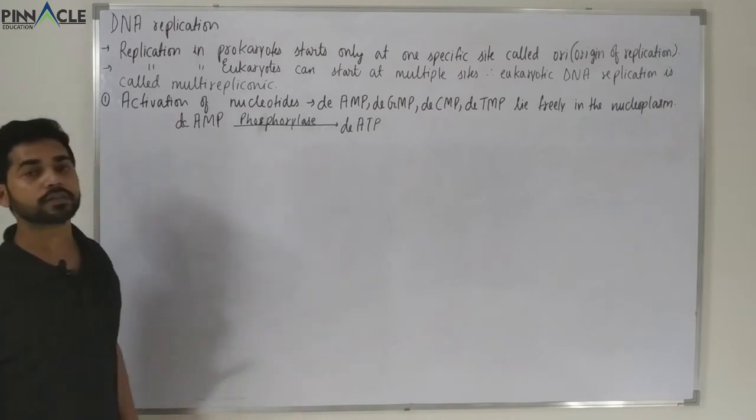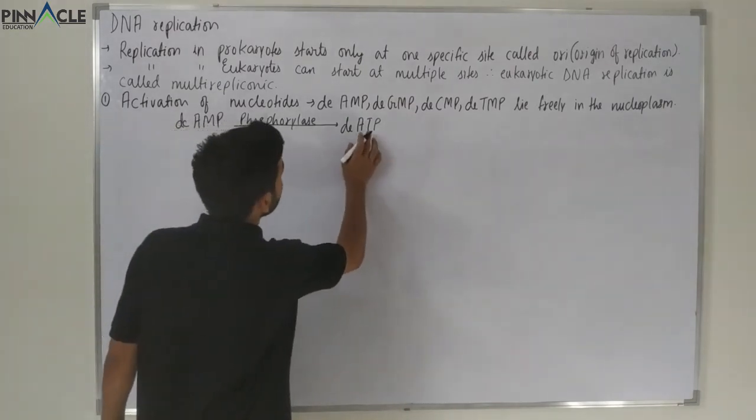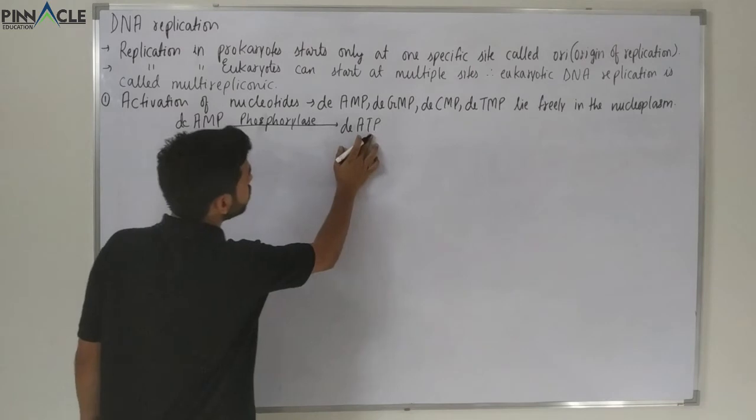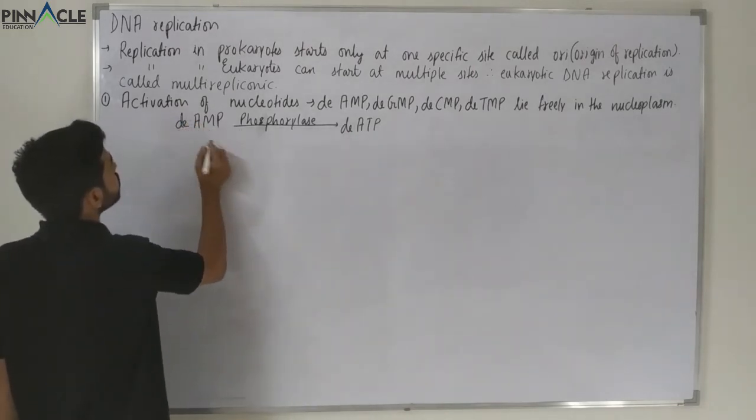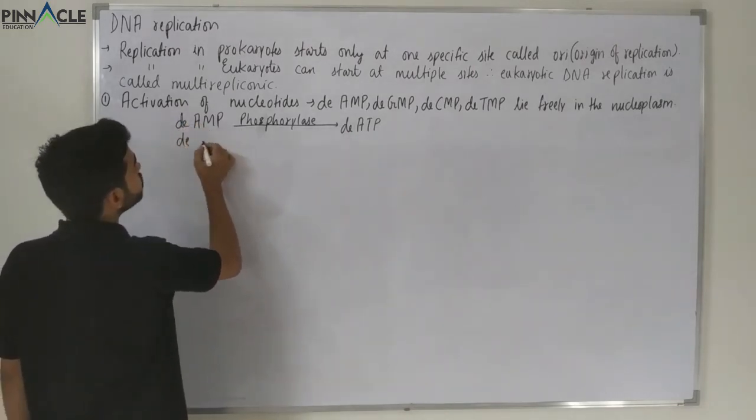So this is the first to be transformed from a monophosphate to triphosphate. Likewise, the other ones will also be transformed.